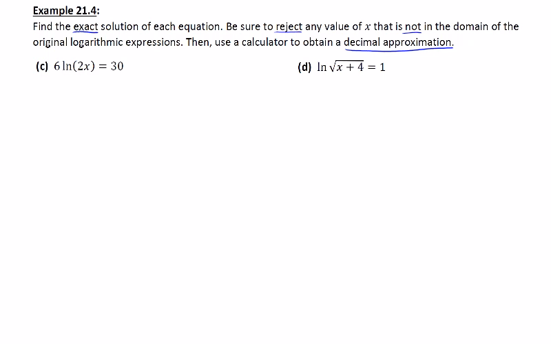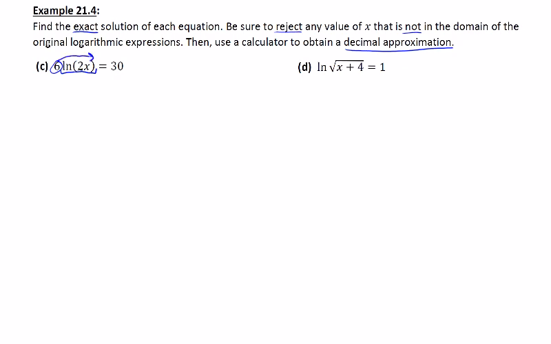Now, in order to be able to use the definition for log to exponent, I have to make sure that my logarithm has a coefficient of just 1. Right now it has a coefficient of 6. Because I'm working with a logarithm statement, I do have the option of taking 6 and moving it up as a power.